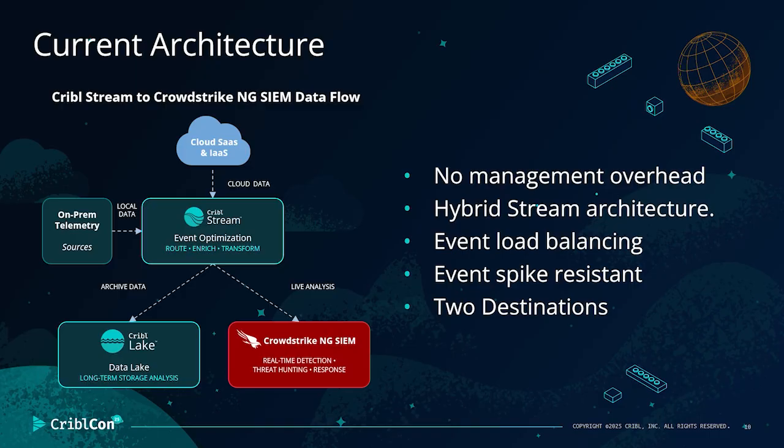So it's a hybrid architecture where all of our SaaS is going to the cloud architecture on Cribl, and most of our on-prem data is going to the local stream workers in our data centers and our AWS environment.